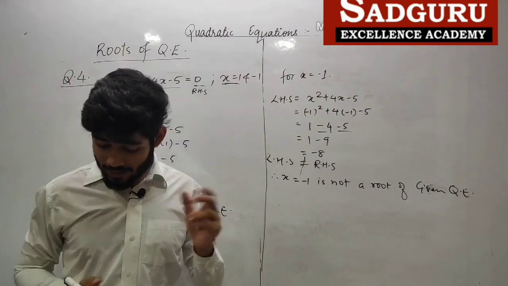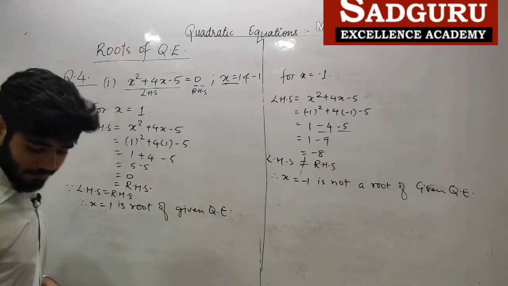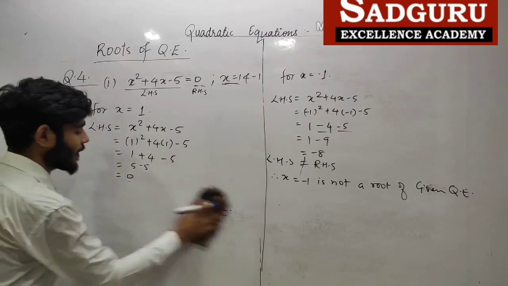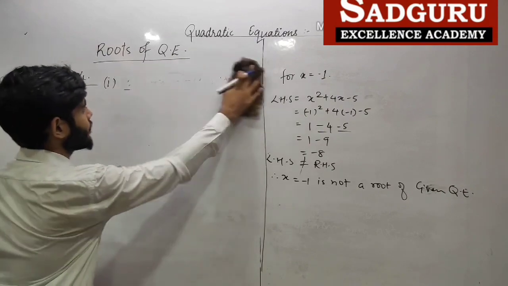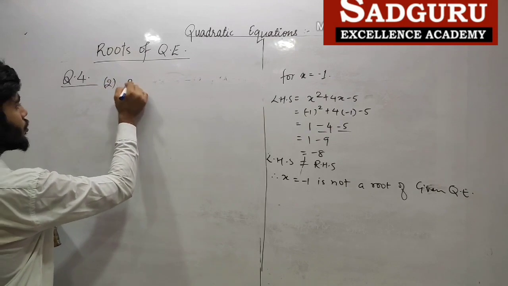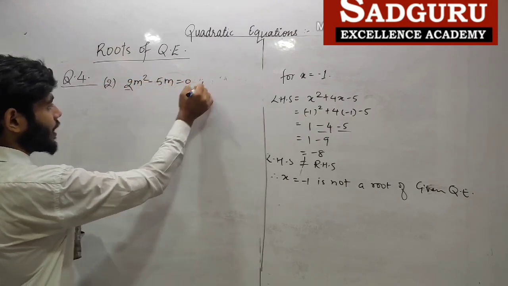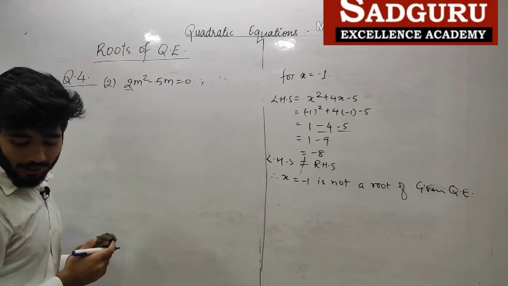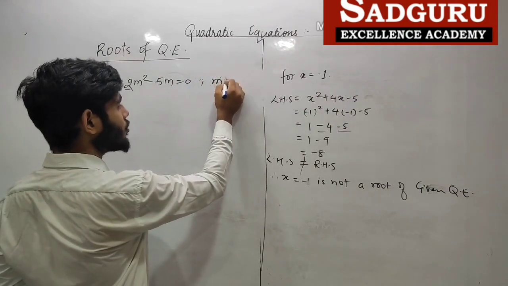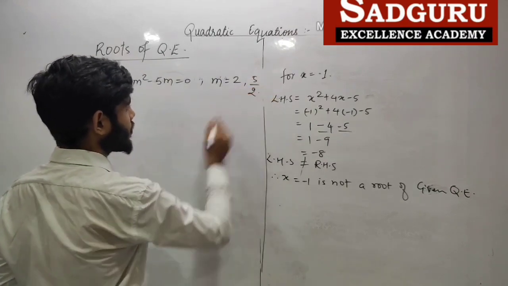Now we'll see question number 2. 2m square minus 5m equal to 0, and we have to check for the values 2 and 5 by 2.